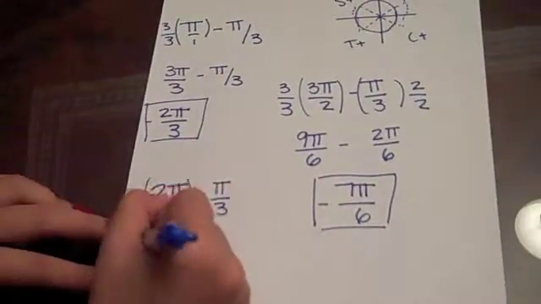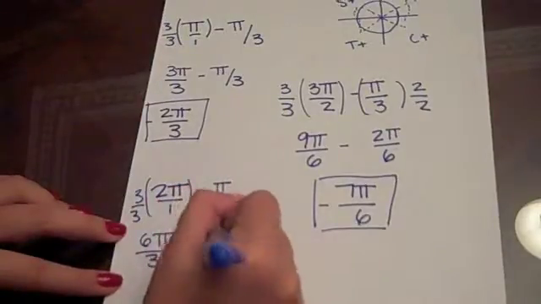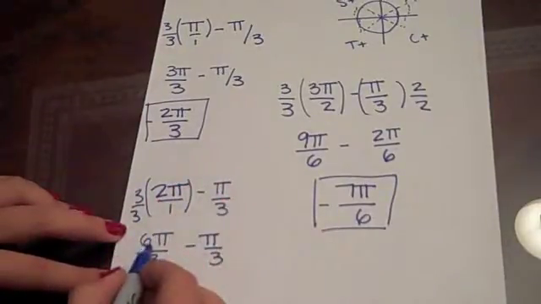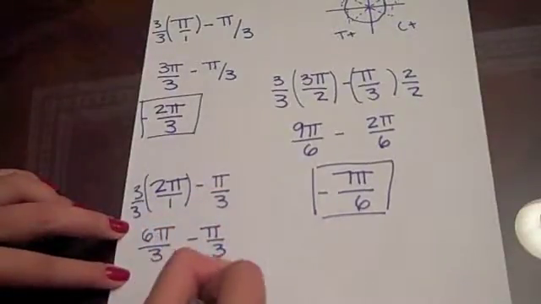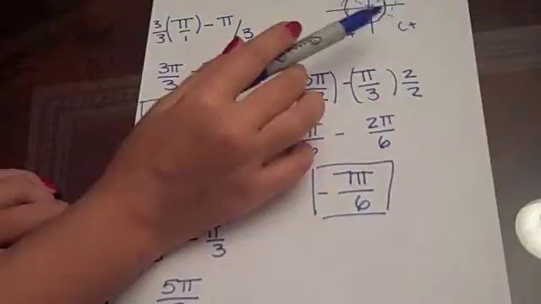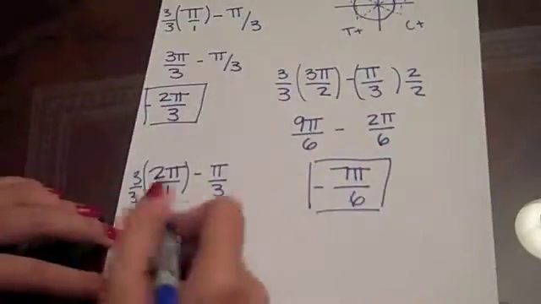We get 6 pi over 3 minus pi over 3. So 6 pi minus pi is 5 pi, and this is all over 3. And the unit circle tells us that all cosines are positive. So this one will be positive.